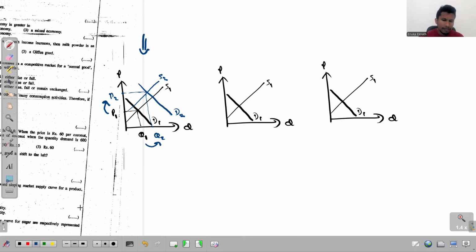What if this is the equilibrium price and quantity based on the initial demand and supply, and demand increases slightly, now this is D2, but the supply decreases heavily. Now this is our second supply. Based on the blue color lines, see what will happen now. The market price increases like in the previous case, but the equilibrium quantity, the market quantity, decreases.